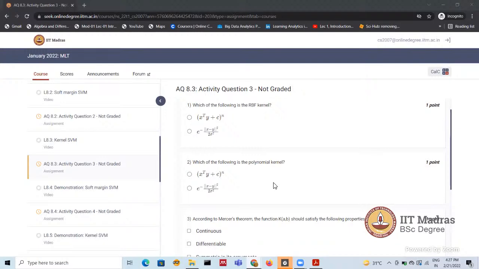For example, if x1 and x2 are two features, we take x1 square, x1 x2, and x2 square also into the polynomial. So we expand the features, and that is termed basis expansion, in the linear regression context.